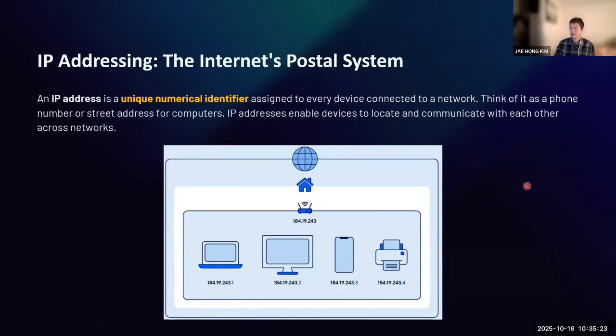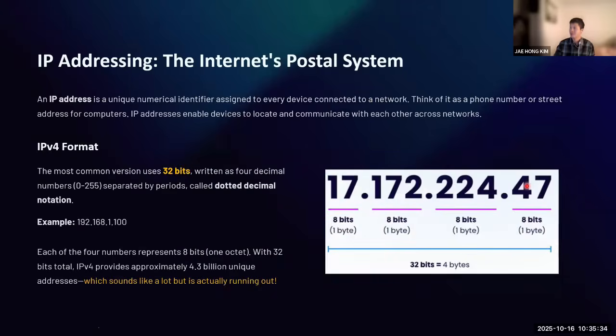All right, so now we understand the IP address is a unique number assigned to the device, which we can configure anytime. Let's dig in a little more about the IP address. One is the IP version 4 format.